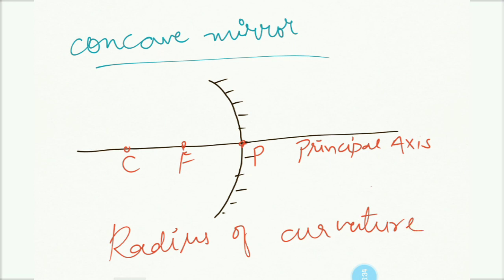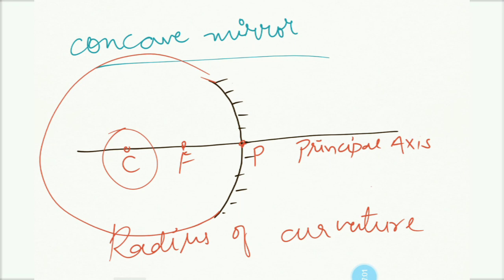So how do we see that? Now imagine this to be a complete circle. Now I have taken, this is the center, no? I have taken it roughly because I wanted to show you very clearly. Now this is the circle. Imagine. Okay, this is the center for this particular circle.